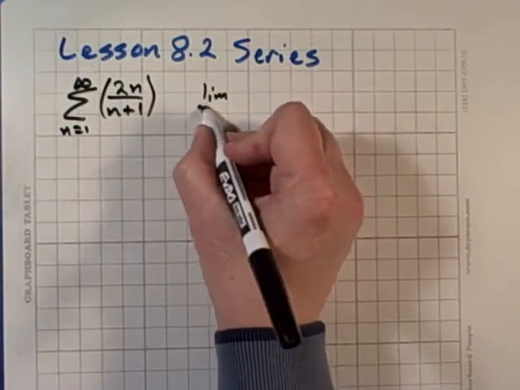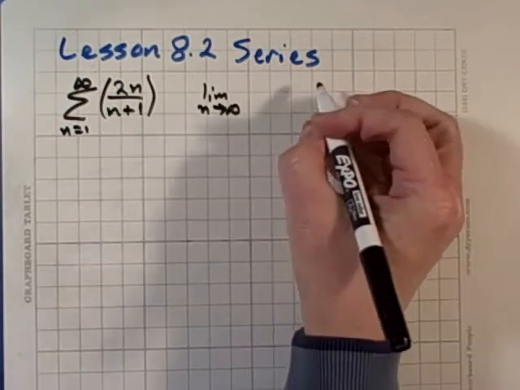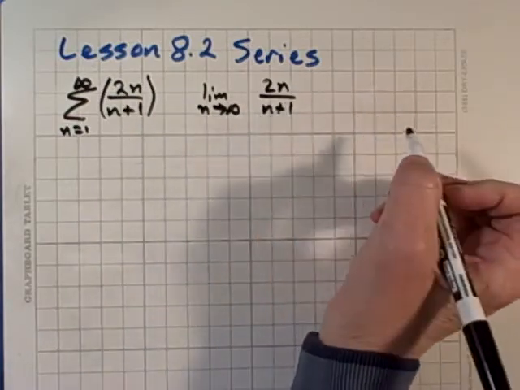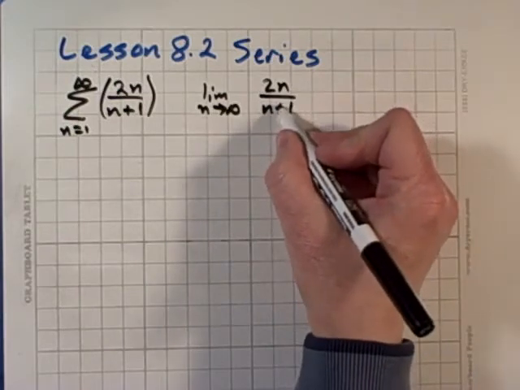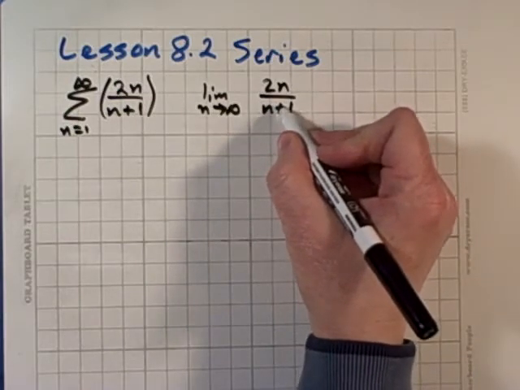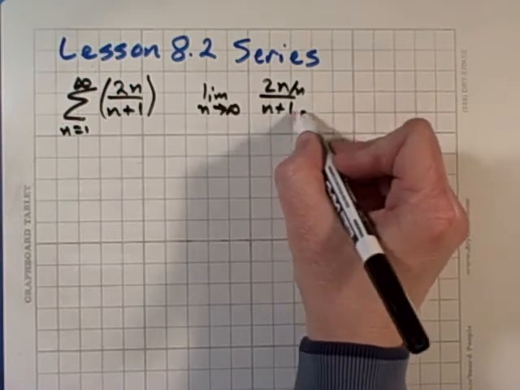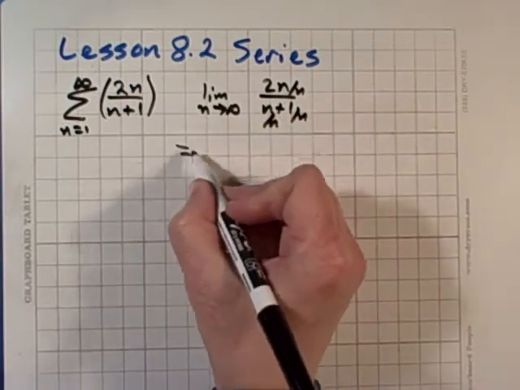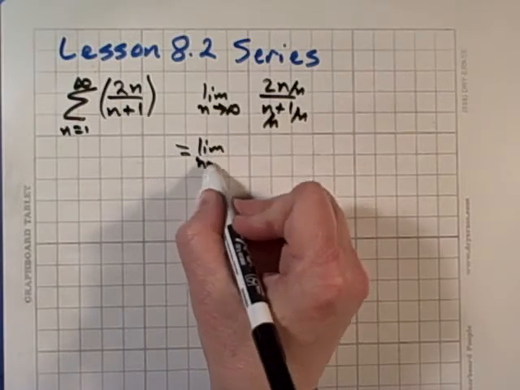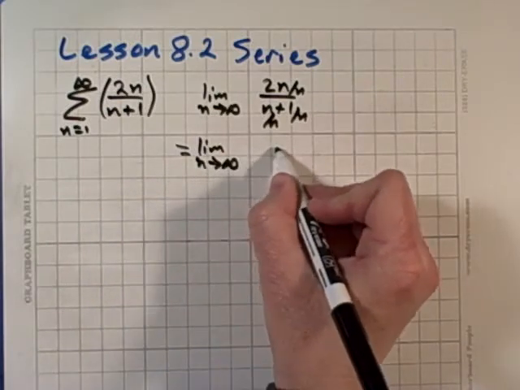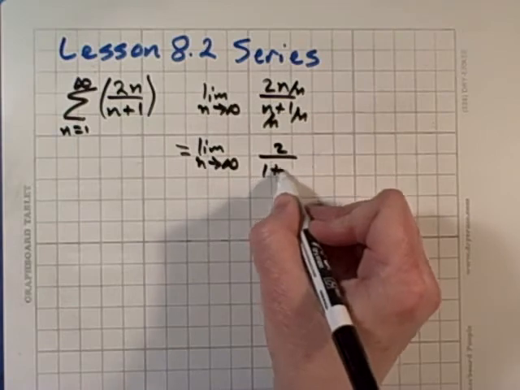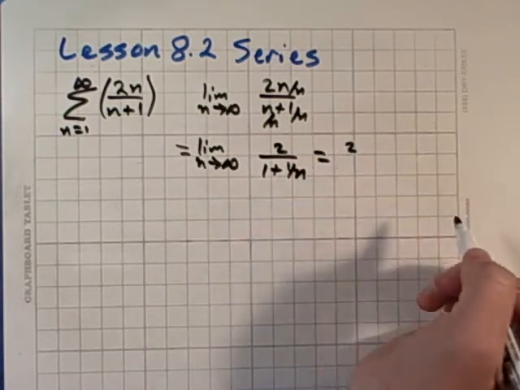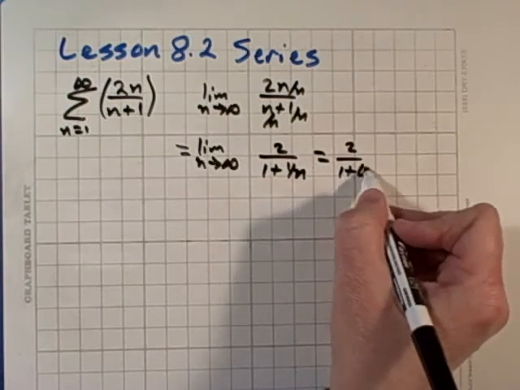The limit, as n goes toward infinity, on the nth term formula, 2n over n plus 1, again, we're trying to show that the terms don't head toward 0. We would divide by the highest power of n. So the limit, as n goes toward infinity, on 2 over 1 plus 1 over n is 2 over 1 plus 0.